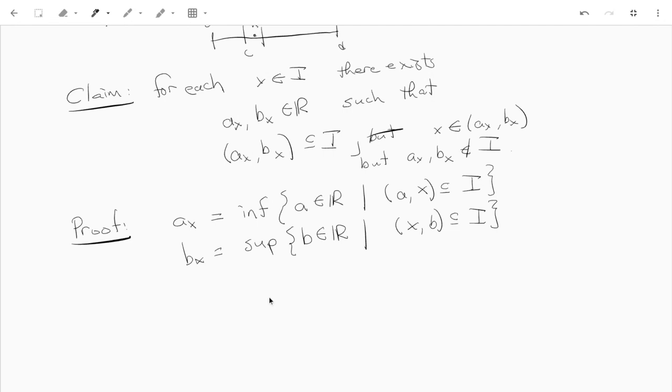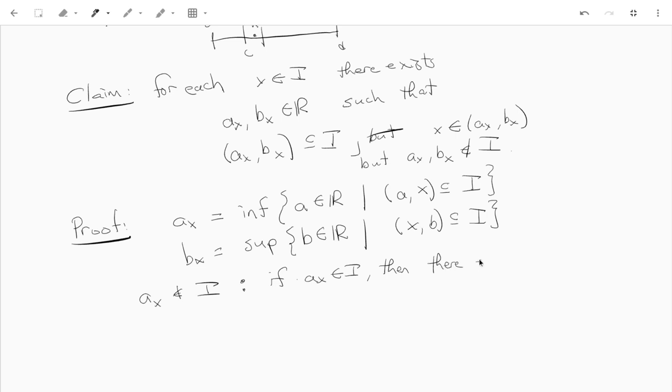Now first let's claim that a_x is not in I. Well, if it was in I, then we could find a little open interval around a_x.